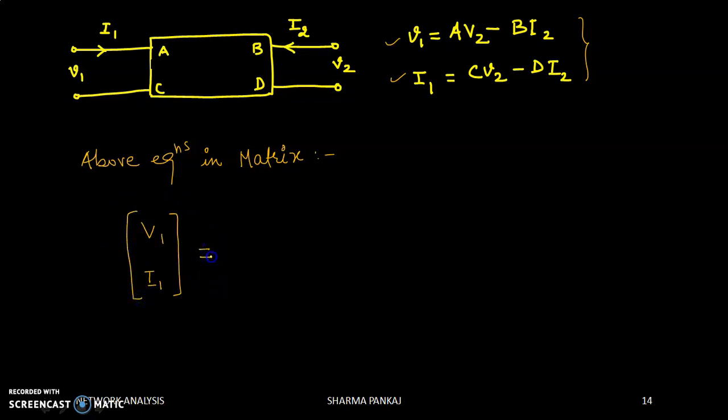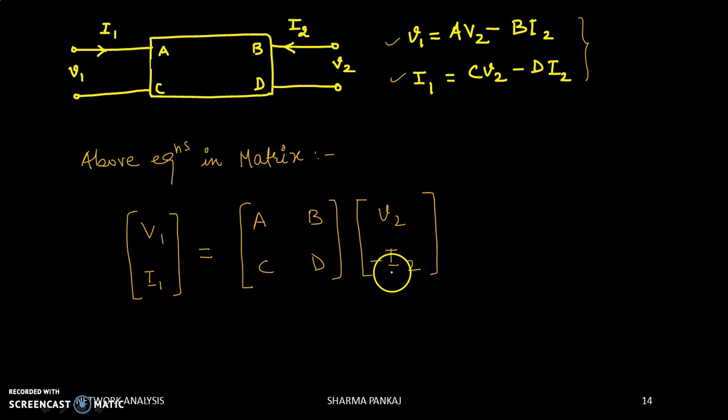is equal to, write the parameter in the same pattern, A, B, C, D. Voltage V2 and current I2, but for the power system this current is outward, so put minus I2.